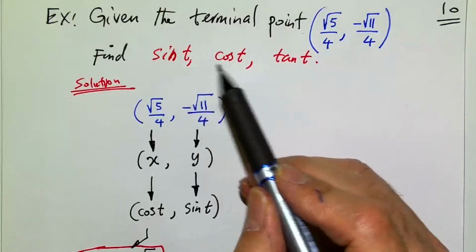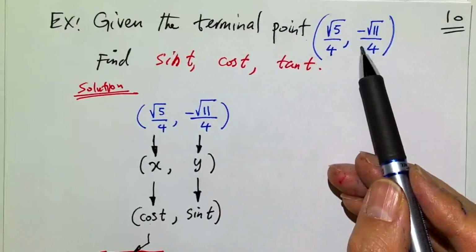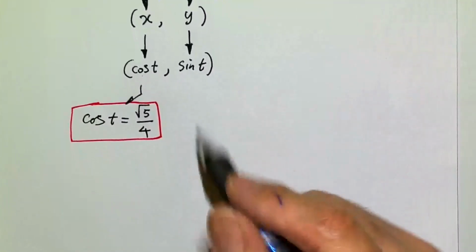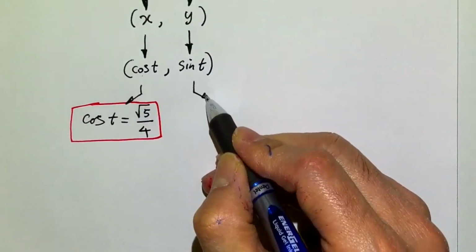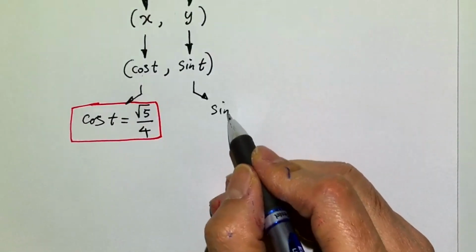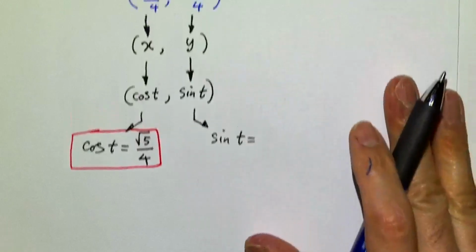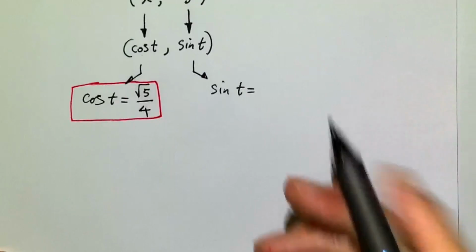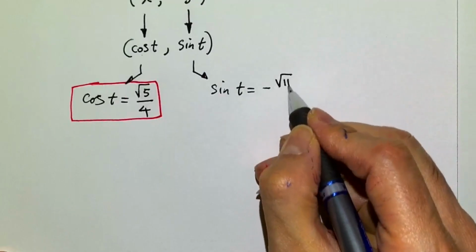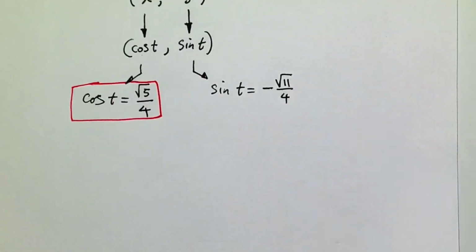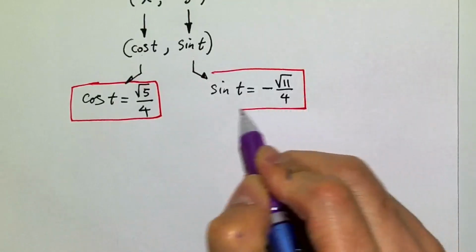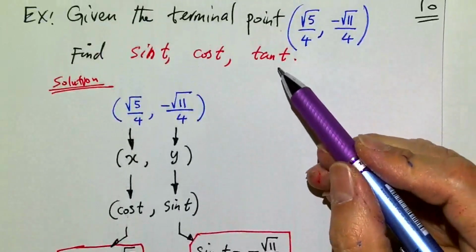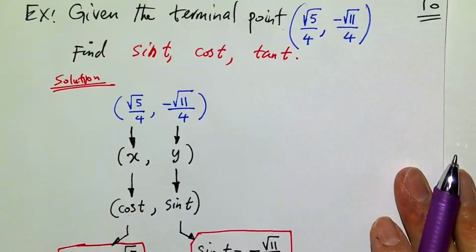We don't have to do any calculations for these. They're right there in front of us. And sine of t is equal to minus square root of 11 over 4. Like that.